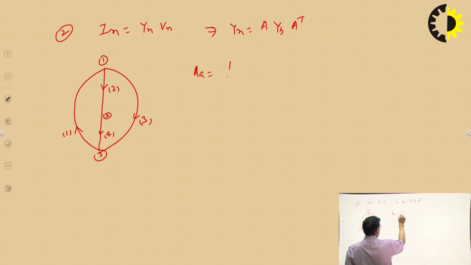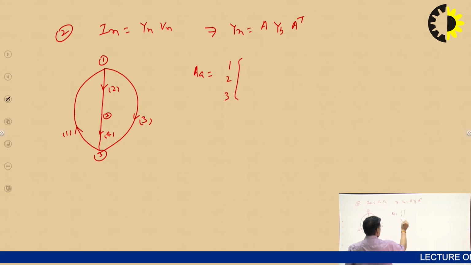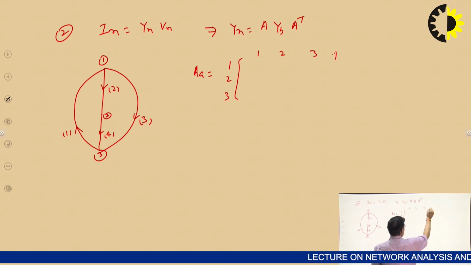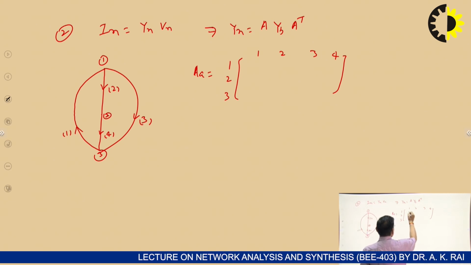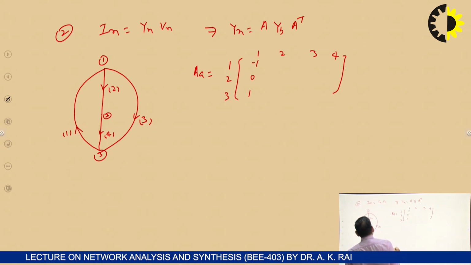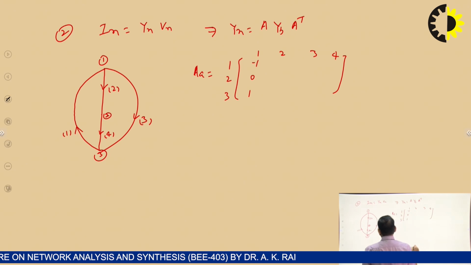A means nodes 1, 2, 3 and branches 1, 2, 3, 4. Okay. So branch number 1 is in between 1 and 3, and it is approaching 1, so minus 1, 1, 0. Branch number 2 is in between 1 and 2, it is approaching 2, so 2 is minus, 1 is plus, and 3 is 0.